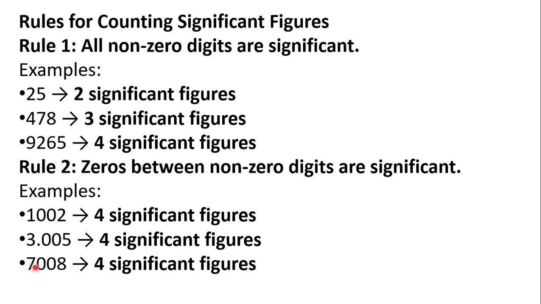Numbers such as 7008 have four significant figures. The zeros between 7 and 8 are included. They're considered to be significant.